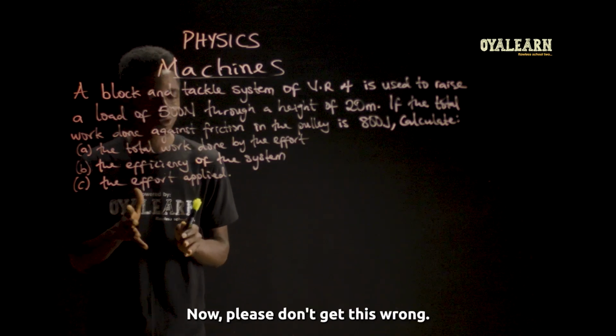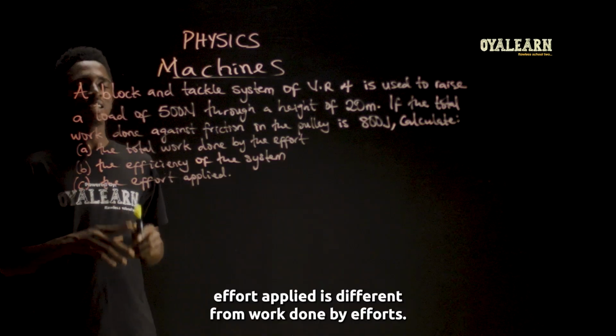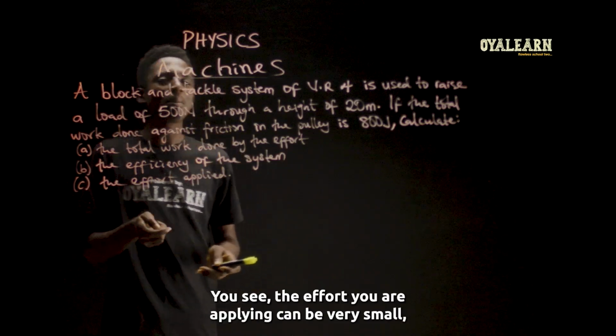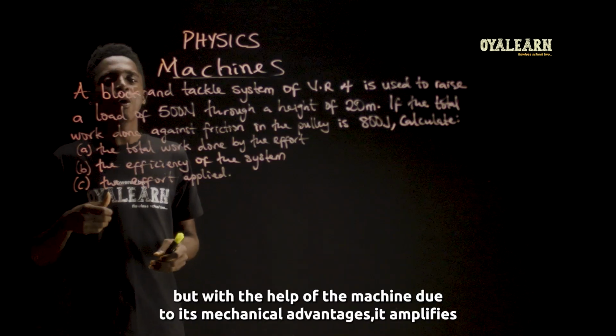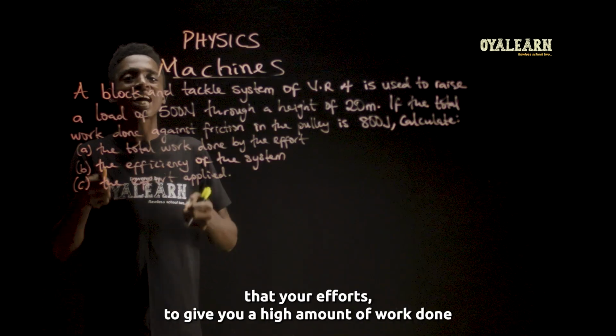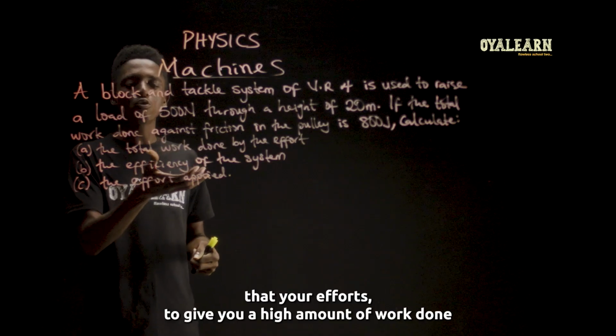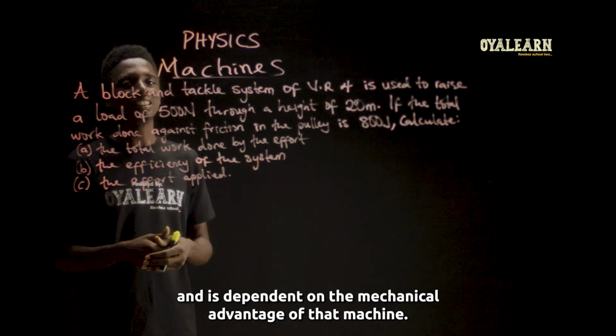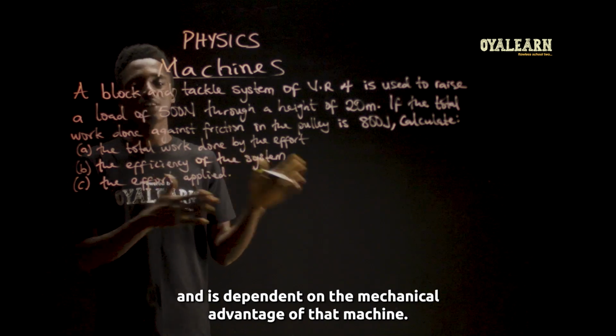Now, please don't get this wrong. Effort applied is different from work done by effort. You see, the effort you're applying may be very small, but with the help of the machine, due to its mechanical advantage, it amplifies your effort to give you a high amount of work done, and it's dependent on the mechanical advantage of that machine.